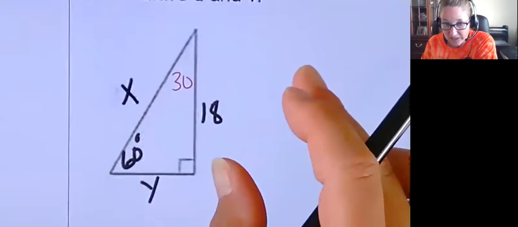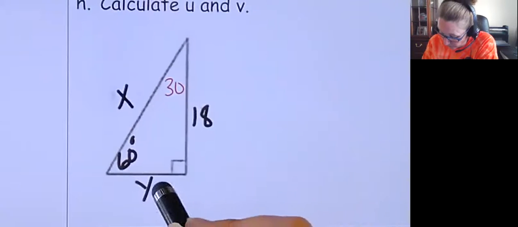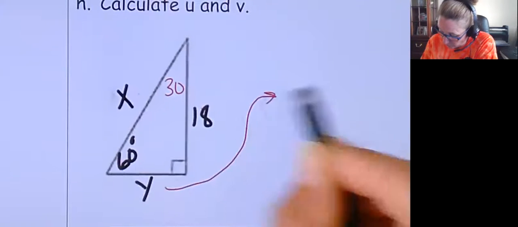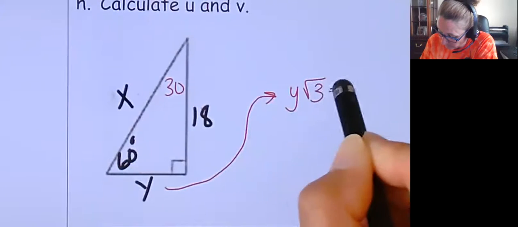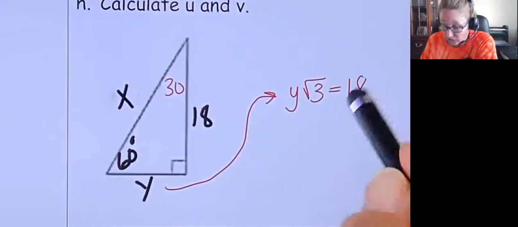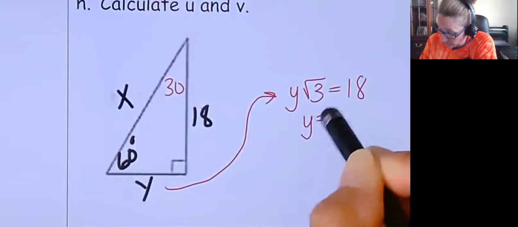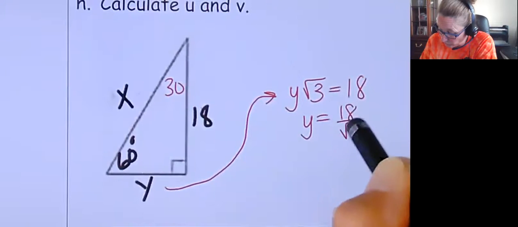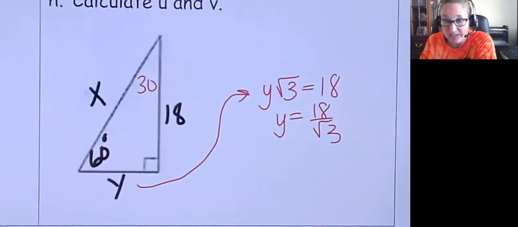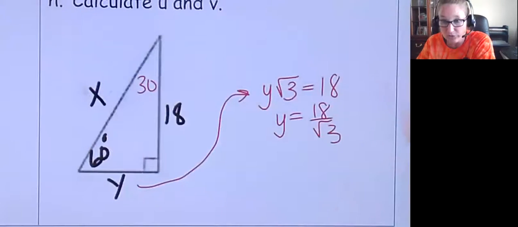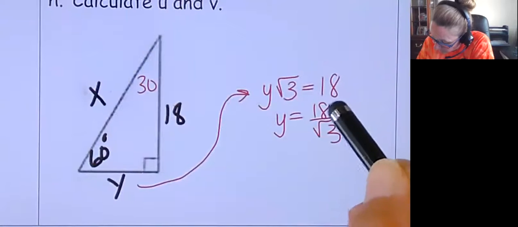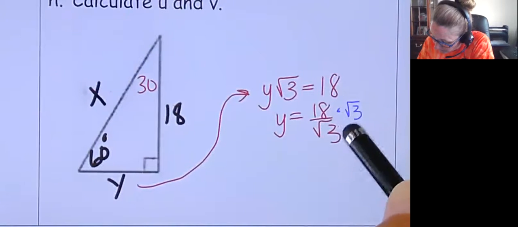Now that 18, what I normally would have done is take whatever my Y is and times it by root 3 to get 18. So my Y is going to be 18 over root 3. And I need to rationalize that. So I need to multiply both top and bottom by a root 3.